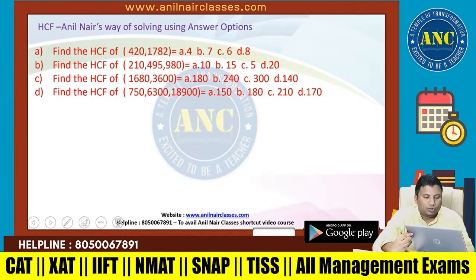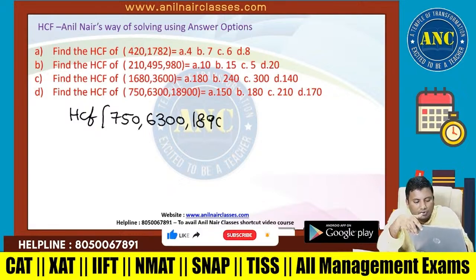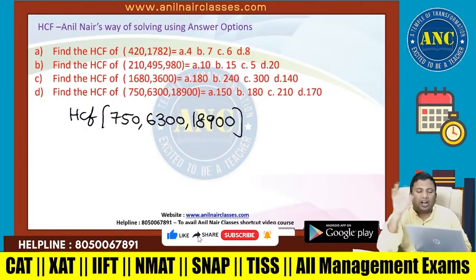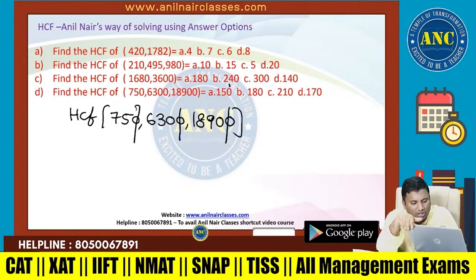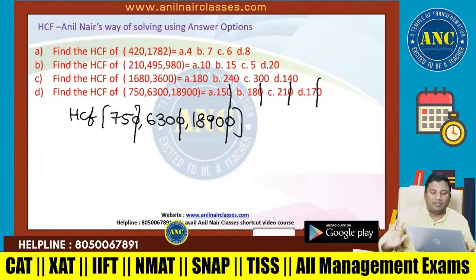Option D. H.C.F of 750, 6,300 and 18,900. I want a very simplified calculation, so I will delete one 0 in the question and all the answers.